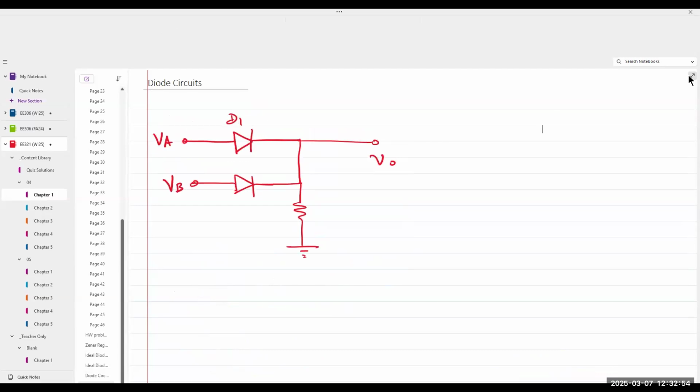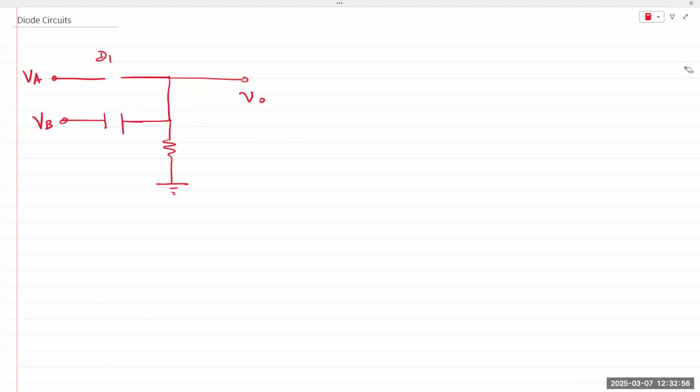So instead of doing this and connecting the resistor to ground, let's flip the directions of these diodes. Connect the resistor to plus 5 volts and take V out from there. And then everything else remains the same. This is D1, this is D2.